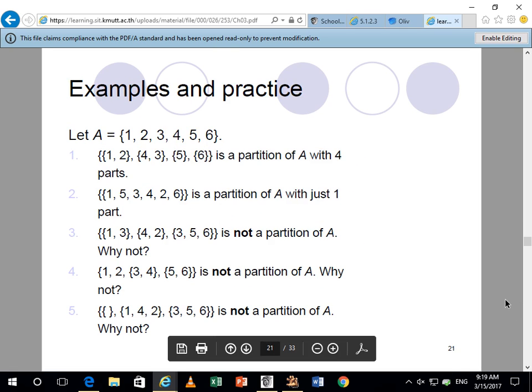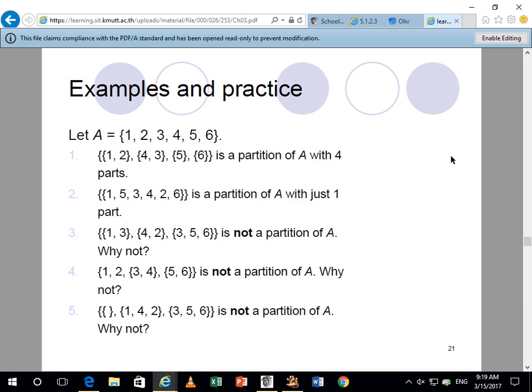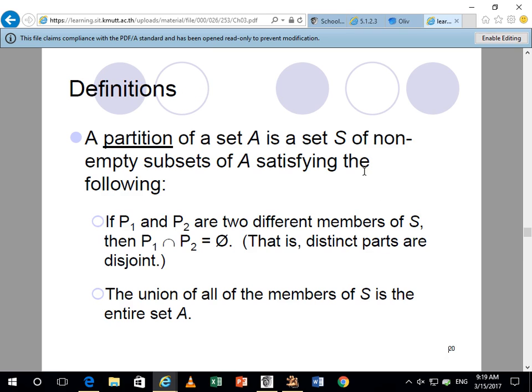We looked at examples before. And the key here is that the definition for a partition is that it consists of non-empty subsets. That means we do not include the null or empty set.